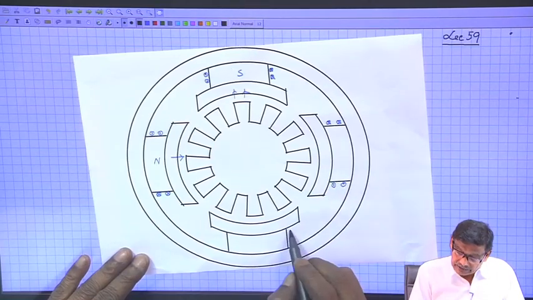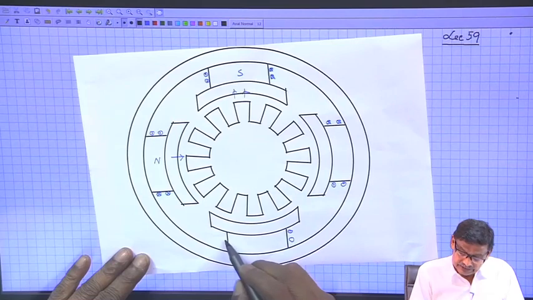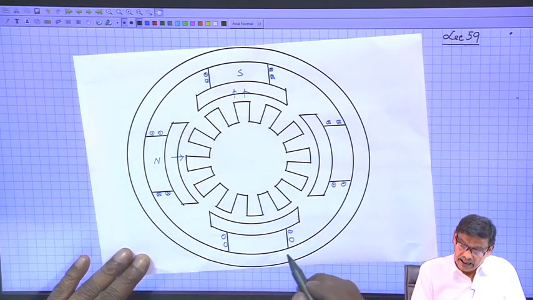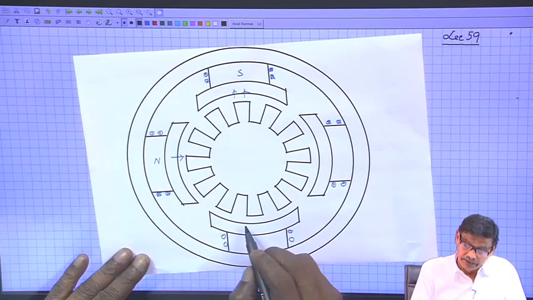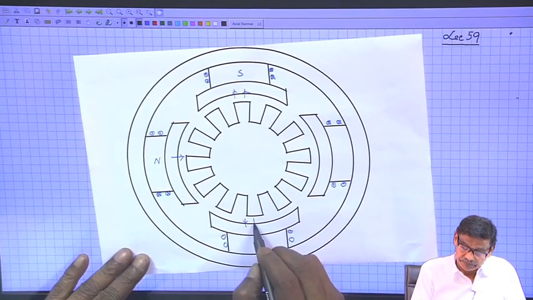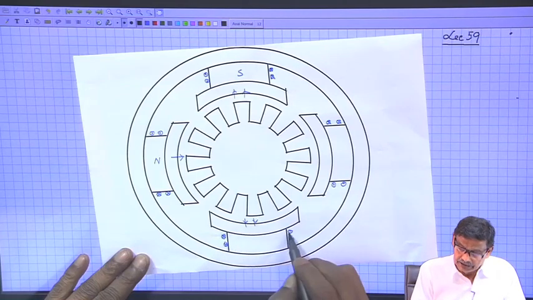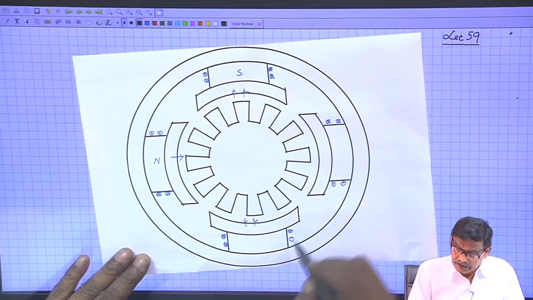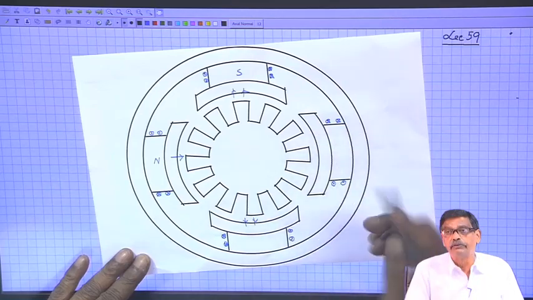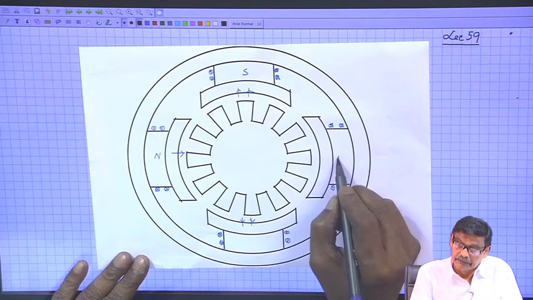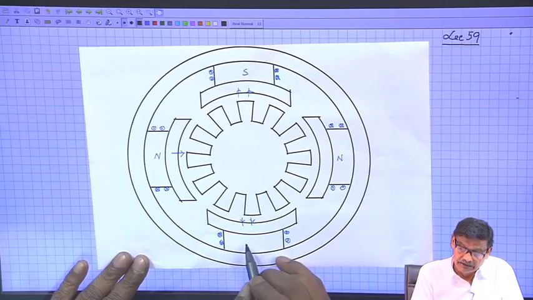And this is another field coil, all the coils are identical, and I want to make it a south pole. Therefore, this should be cross and this should be dot. So, these coils which are wrapped around the projected poles are called the field coils.